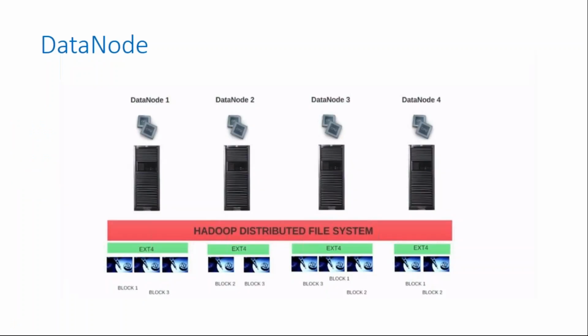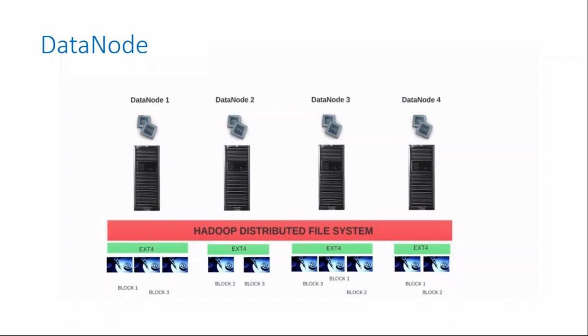The data node is the one that actually holds the data physically. The data nodes are called kind of dumb terminals. They don't make any decisions, or they don't do much except storing the data in the form of blocks, because even before the data comes to these nodes, it is divided into blocks.